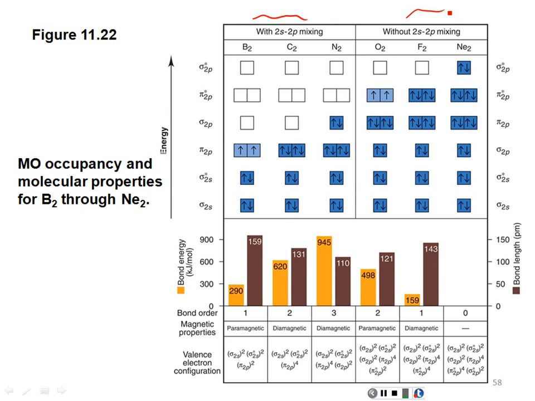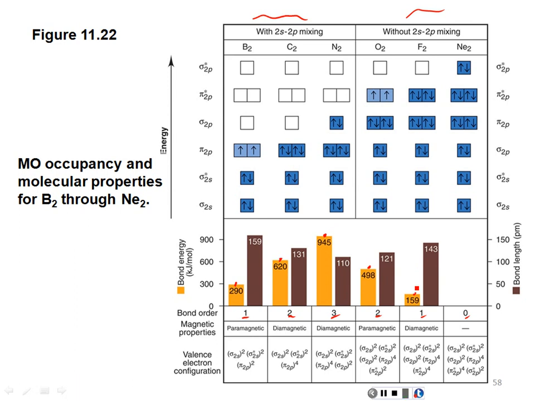And one thing that's also interesting to note is you see that the bond order is increasing up till N2, and then it decreases. And that's sort of the same pattern you see with bond energy. The bond energy increases and then decreases.